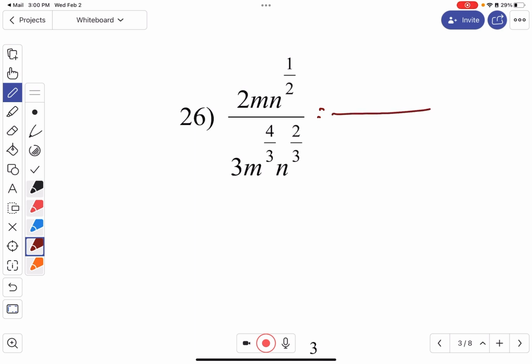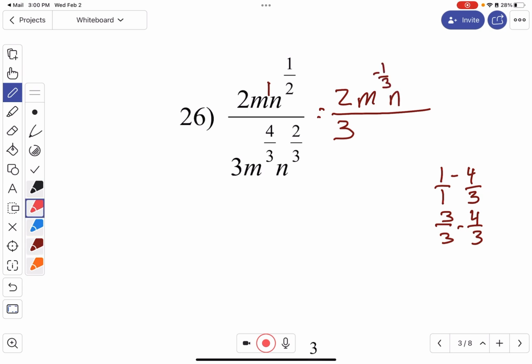And we look at our numbers, not really anything you can reduce, so we'll just write them down. There's nothing at the m, so it's a 1. So we're going to go 1 over 1 minus 4/3. So our common denominator is 3, so that's 3 over 3. So it'd be m to the negative 1/3. And then n, switch colors here. N is going to be 1/2 minus 2/3.